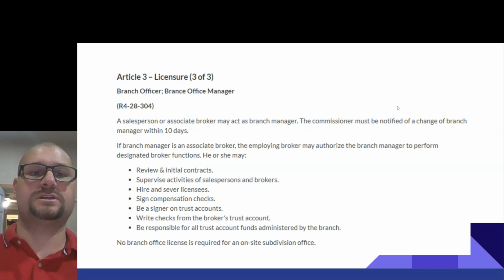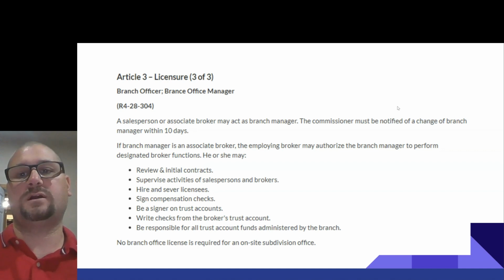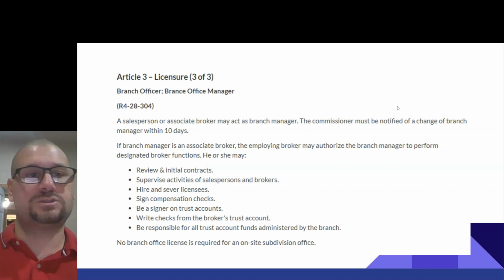If a branch manager is an associate broker, the employing broker may authorize the branch manager to perform designated broker functions. He or she may review initial contracts, supervise activities of a salesperson and brokers, hire and sever licensees, sign compensation checks, be a signer on trust accounts, write checks from the broker's trust account, be responsible for all trust account funds administered by the branch.